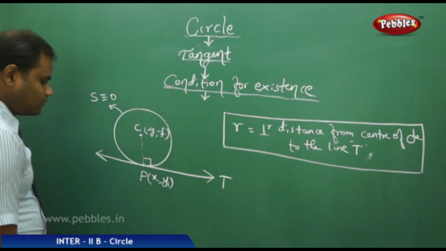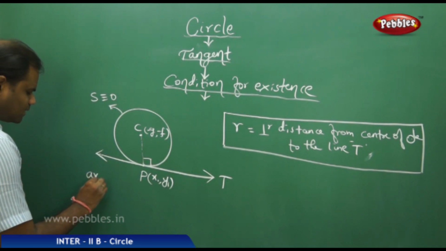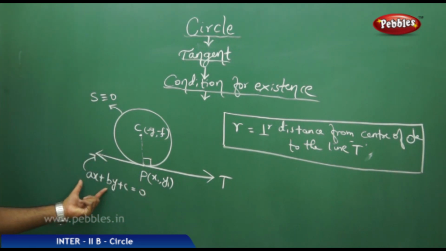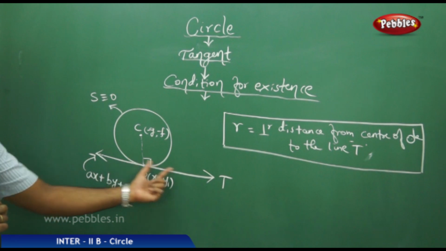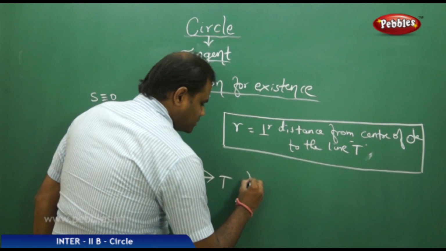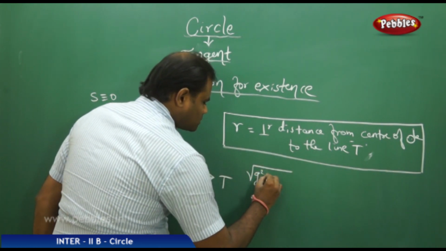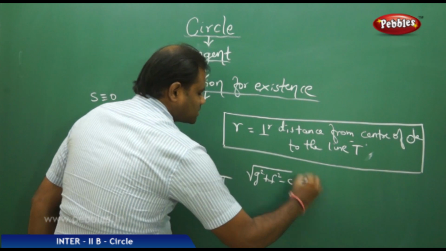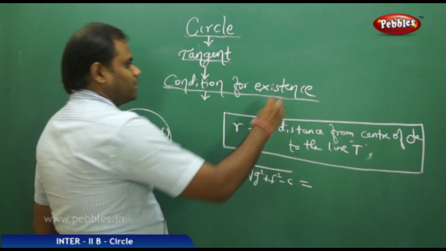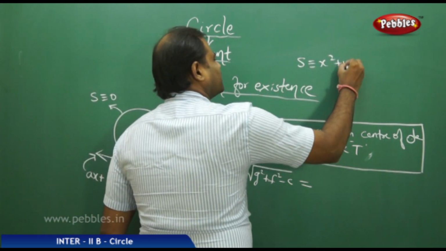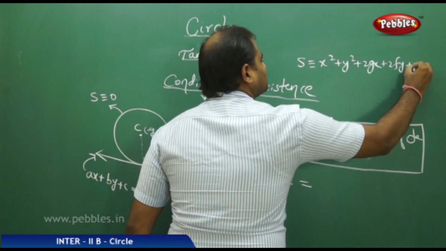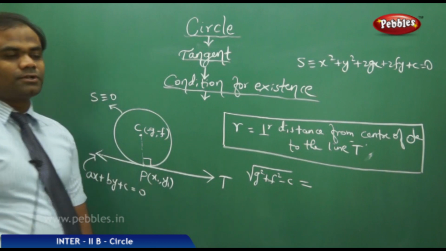Now if I take the equation of tangent in general form as ax plus by plus c equal to 0 as the general equation of line T, then I have the radius which is given by root of g squared plus f squared minus c. We all know that radius is calculated from the circle S equal to 0, where S is x squared plus y squared plus 2gx plus 2fy plus c equal to 0.